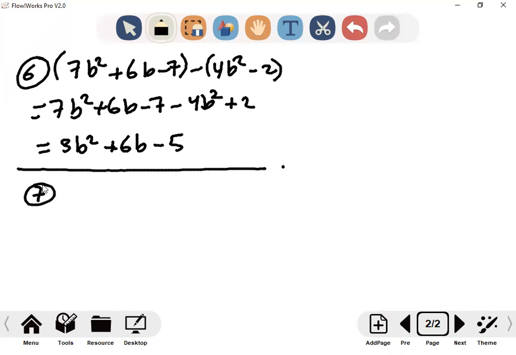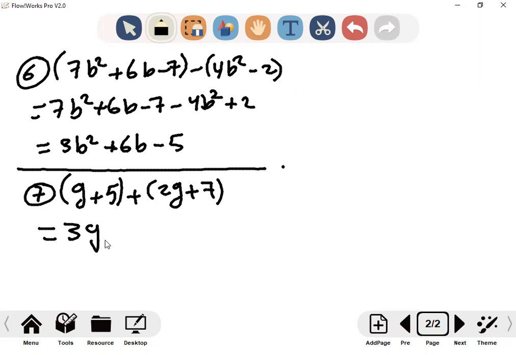Question 7. We have g plus 5 plus 2g plus 7. Here's addition, no need for the second step, right? Straight away g plus 2g, 3g, 5 plus 7.